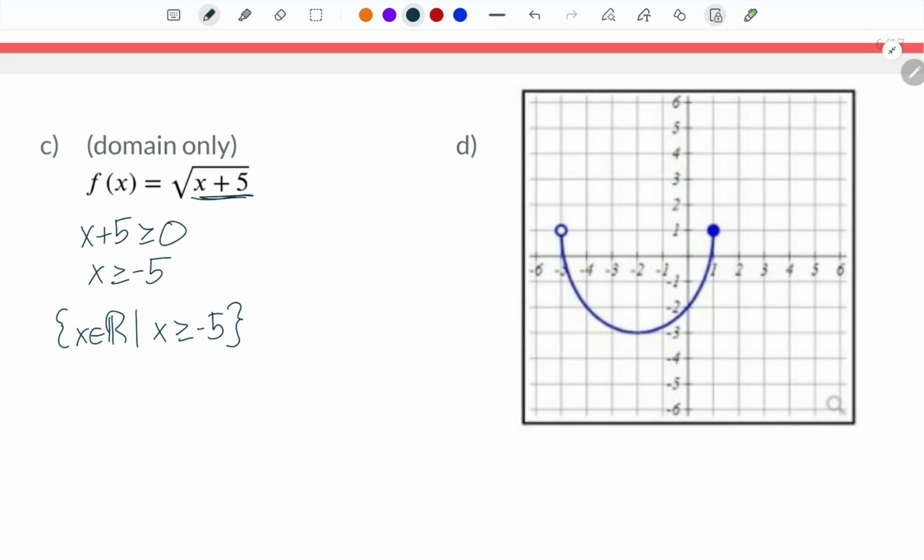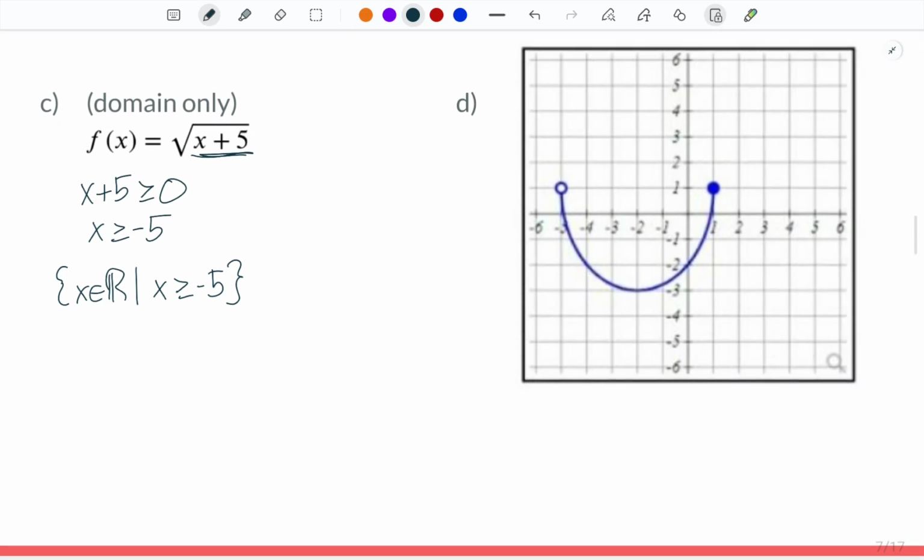If you had -6, well, you get -6 plus 5, a negative number. If you had -2, which is greater than -5, well, -2 plus 5 is 3, which you can take the square root of. All right, and so that's the domain. I should write down domain here, just so you know that that's it.